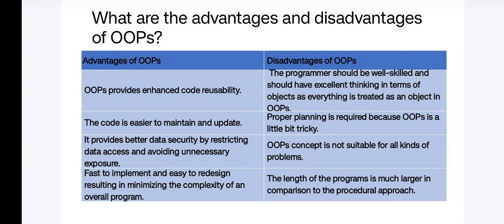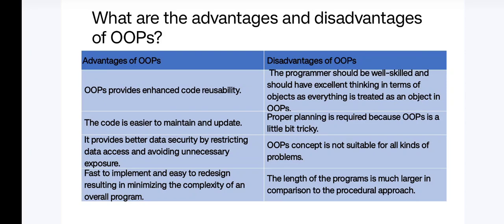If you want to update or redesign a class, or even an application, just by making a few changes you can do that. That is one of the main advantages. And of course it is fast to implement, faster than procedural programming. This is the point that you can keep in mind. And if all this happens, obviously the complexity of the overall program minimizes.